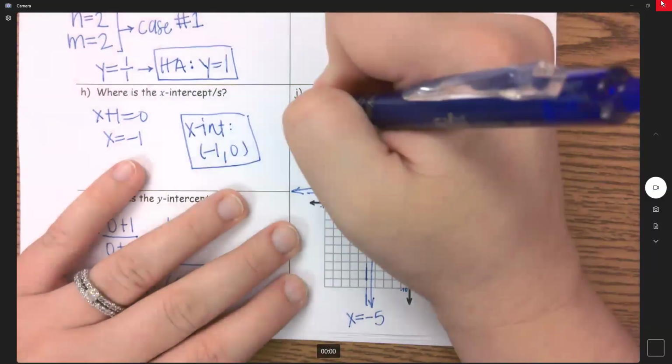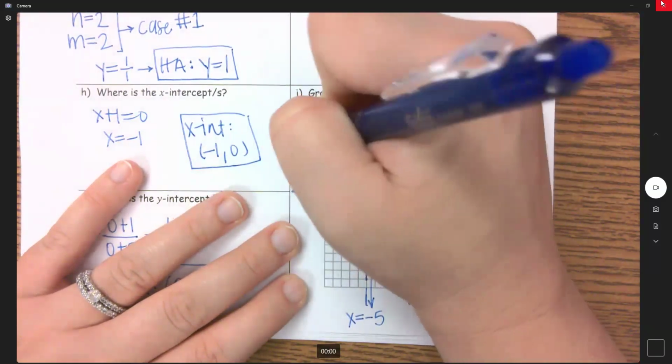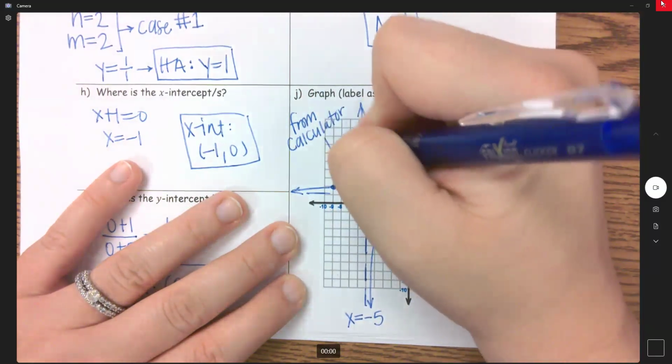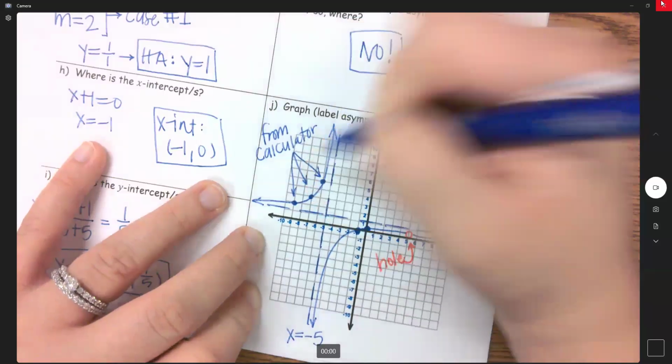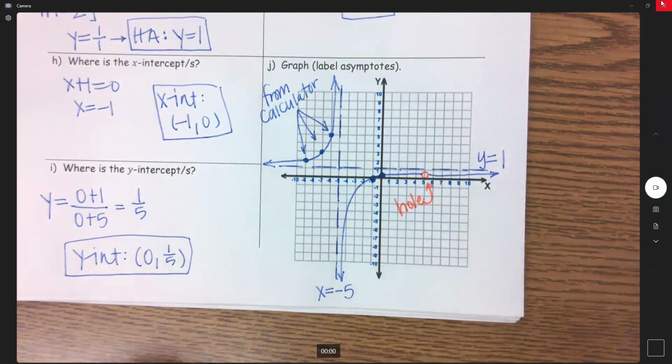So we got this from our calculator. Okay, so there is my graph.